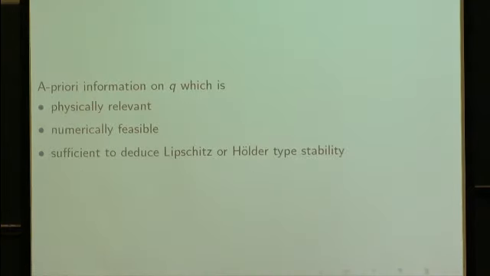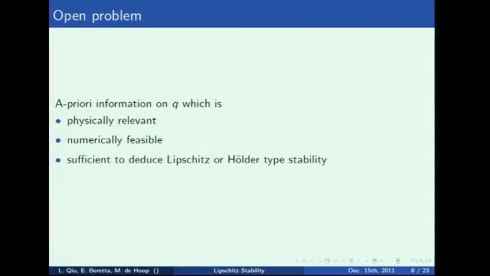The open problem we want to touch is to find some a priori information on the potential q, such that this information makes physical sense, is physically relevant, and is numerically feasible. And third, we want to use this information to get some good stability, at least of Holder type, and of course we want some Lipschitz type stability.